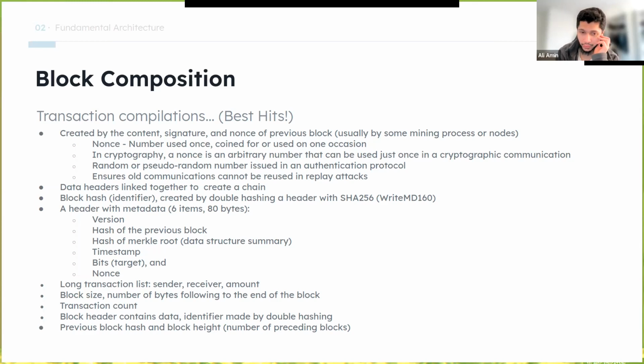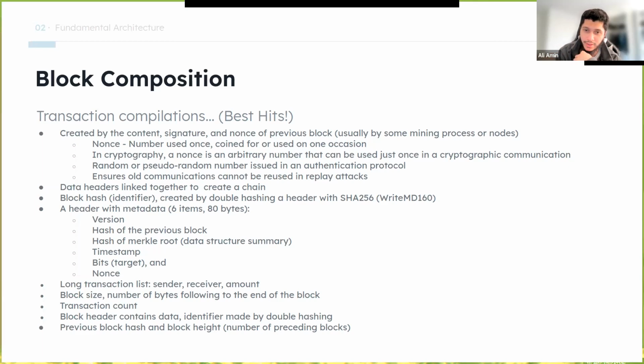We'll talk about Merkle roots, but basically a Merkle root just summarizes the entire way that the data is structured throughout the blockchain. The timestamp of when it's solved, the bits, and then the nonce that we talked about. So basically, a block is just a long list of transactions: sender, receiver, and amount.